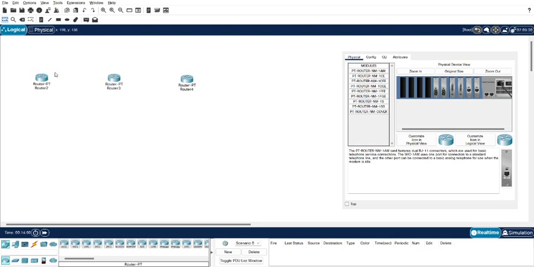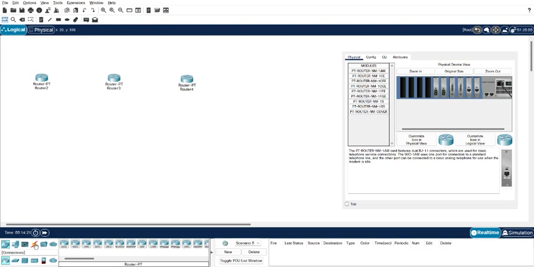So our job is to introduce router 4 to router 2, and router 4 has to know router 2 too. Okay, so to do it, let's create the topology first.